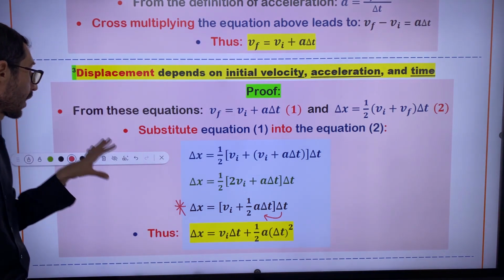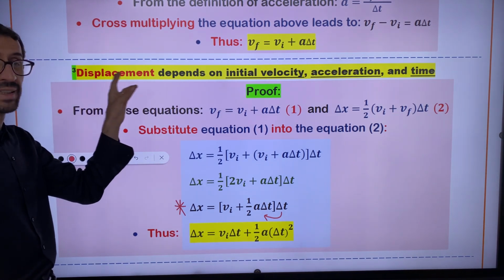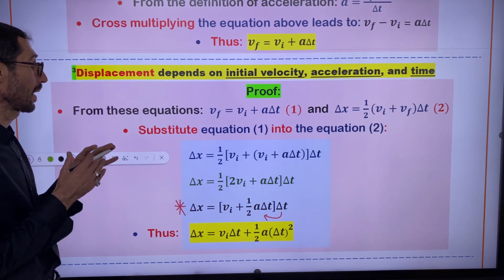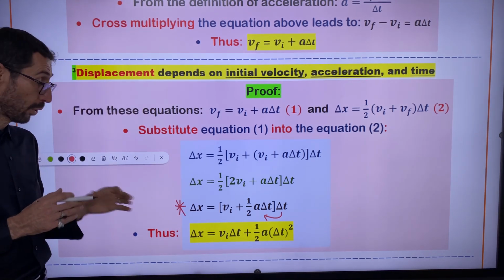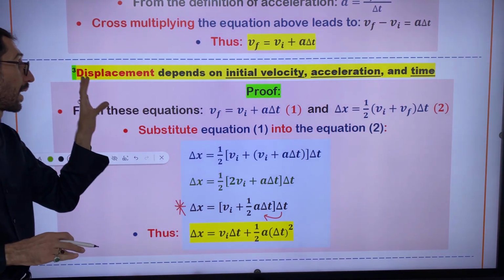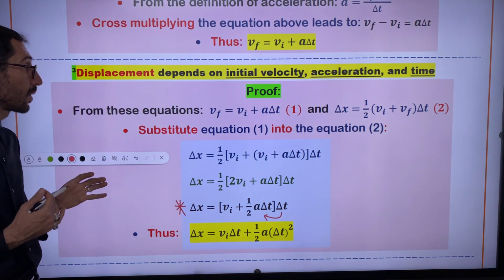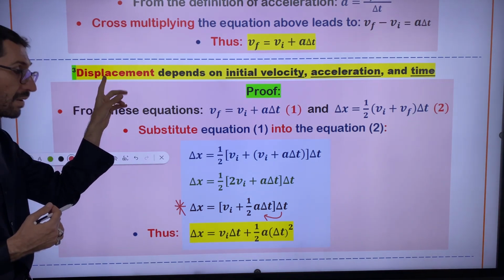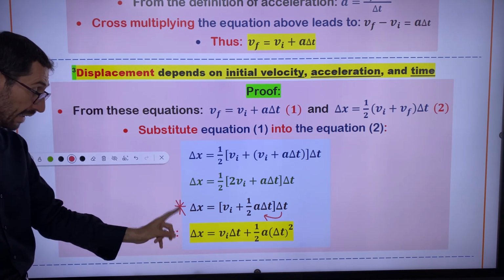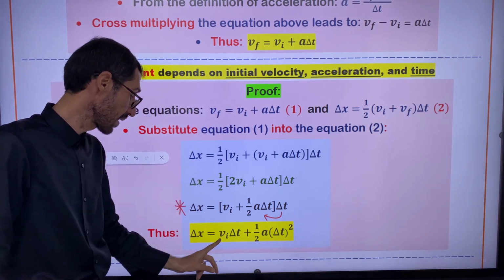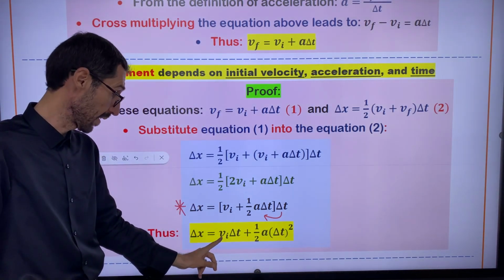Let's take a look at the text to make sure our proof is equivalent. Our proof corresponds to the text. Let's check it together. It says displacement, delta x, depends on initial velocity. Yes, we have initial velocity here.